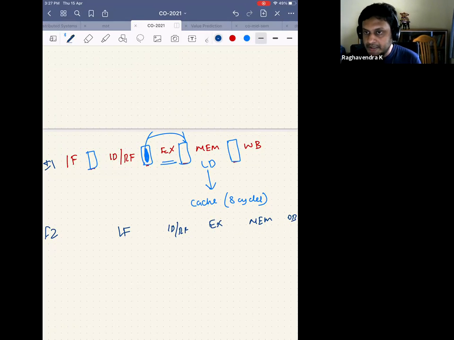No, you can't do that in the MIPS pipeline that we are seeing, because this register is filled up by something. You will be emptying this register only after you complete this operation, and this operation is a load operation.